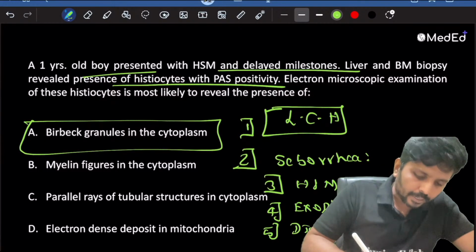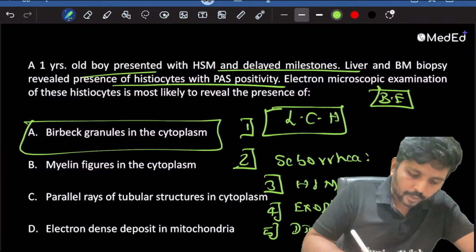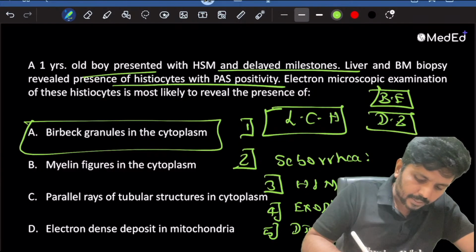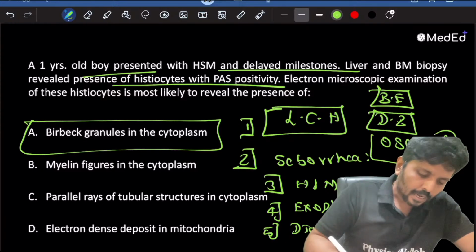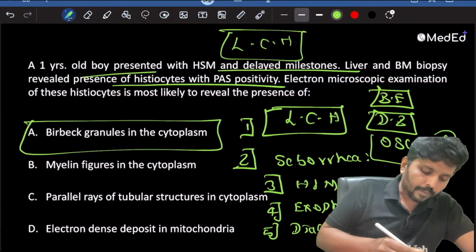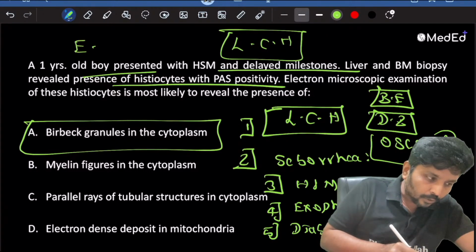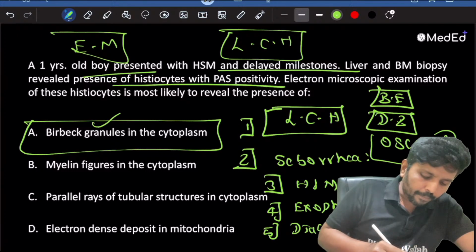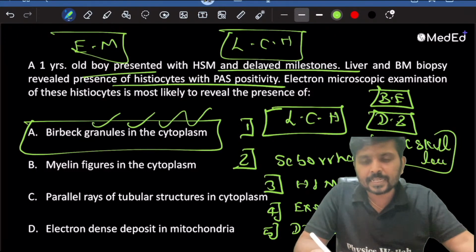So this combination of bilateral exophthalmos, diabetes insipidus, and osteolytic skull lesions. I repeat, osteolytic skull lesions occur in Langerhans histiocytosis. Your electron microscopy will reveal Birbeck granules. Birbeck granules are otherwise known as tennis racket cells.